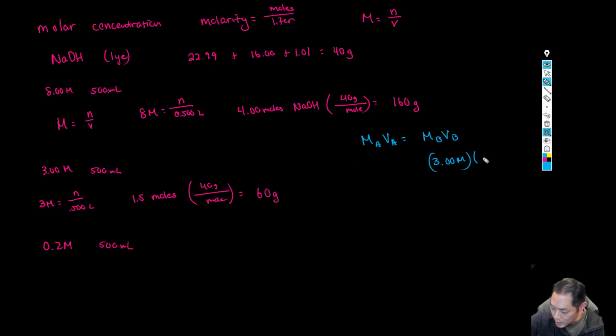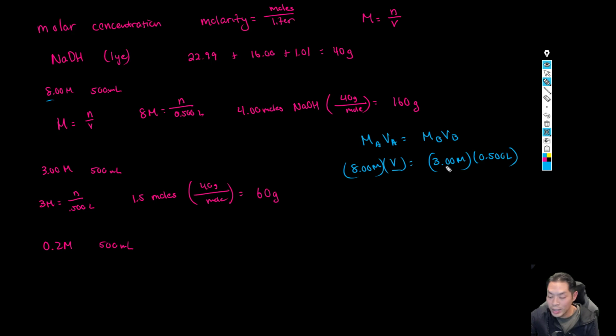And I want a 0.500 liter solution of it. What I have for the starting point is an 8 molar solution. What I want to know is how much of this 8 molar solution I need in order to make this one. All right, so let's do it.